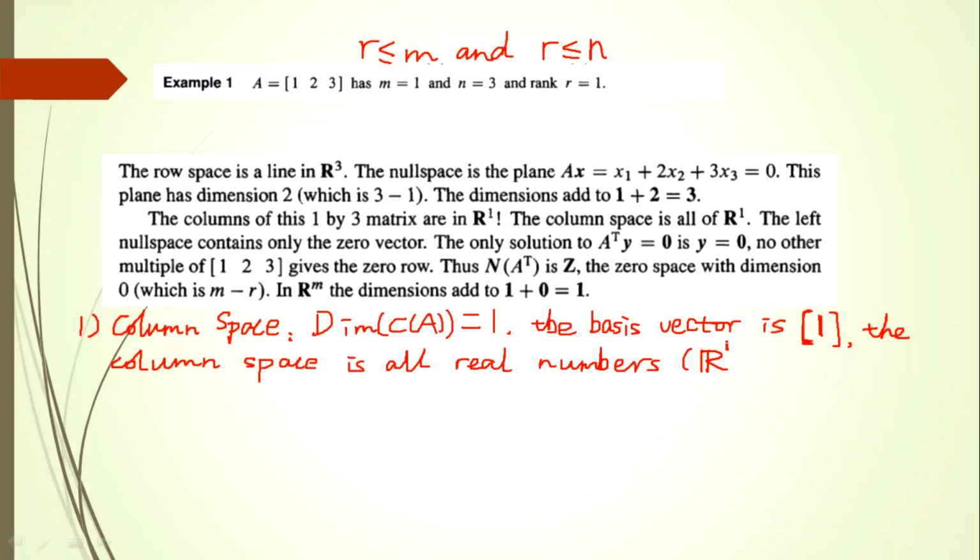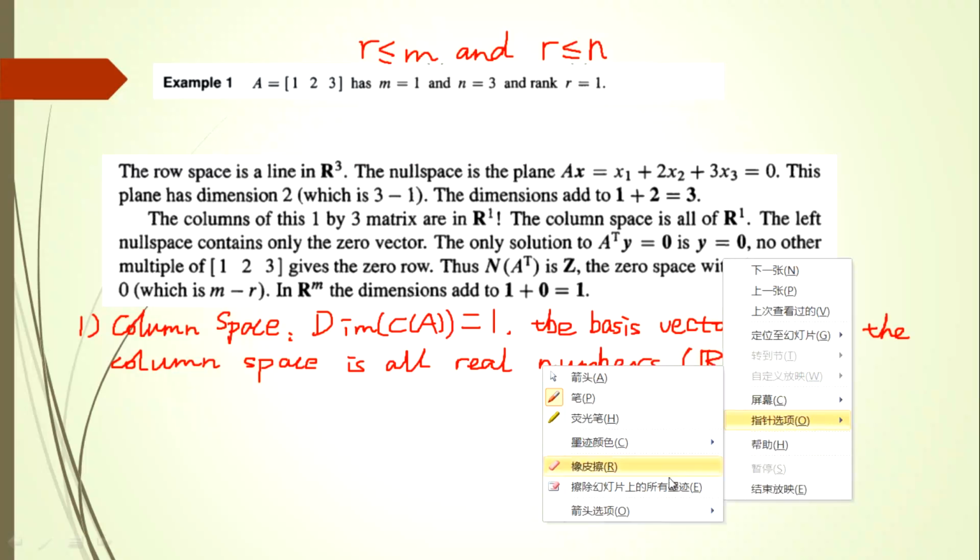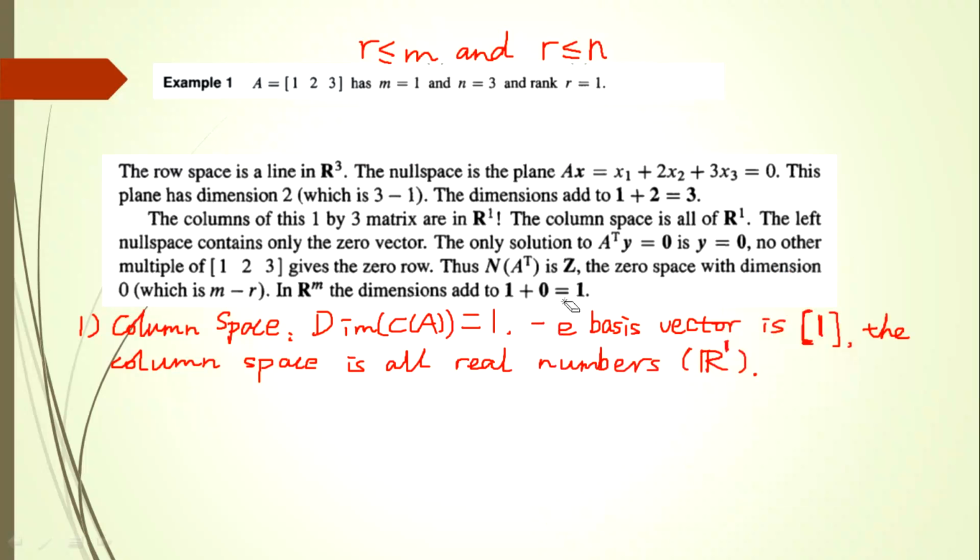If it's R2, that will be the XY plane, right? We understand R2 and R3, but R1 just means the real number line. And any real number can be expressed by the basis vector 1, right? So that is number 1.